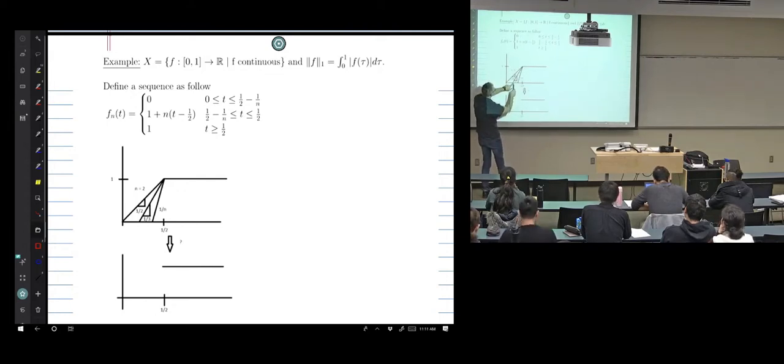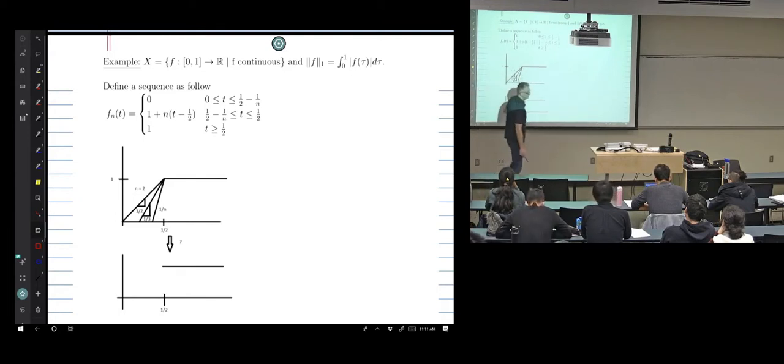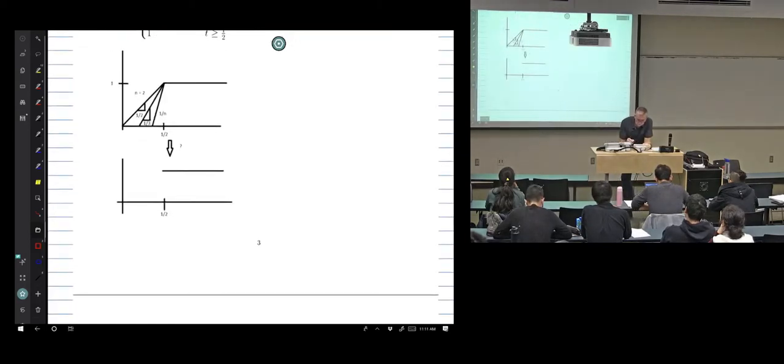This is starting out at 1/2 minus a third, so this should be 1/6. This is starting out at 1/2 minus 1 over n, and it's getting closer and closer as the slope gets bigger and bigger. The slopes here are labeled wrong; I didn't notice that before. That slope is 2, that slope is 3, and this slope is n.